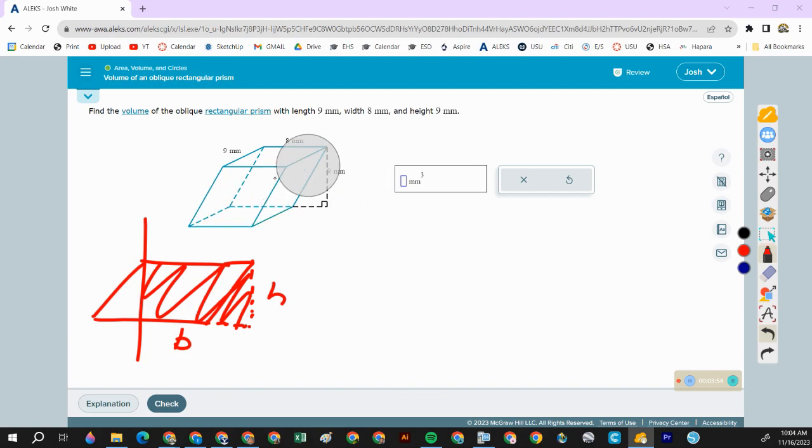I'm not going to be a very good drawer. I'm converting it into a cube. You guys see that? So here is my cube.